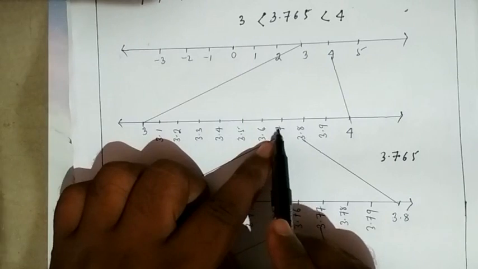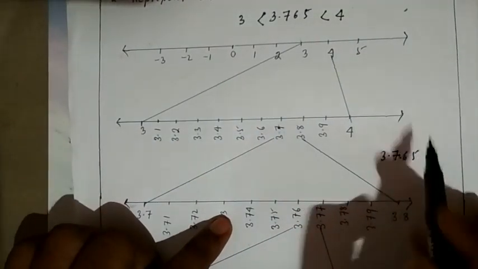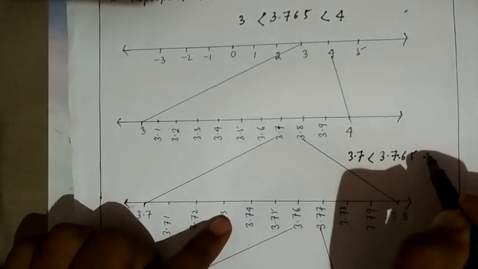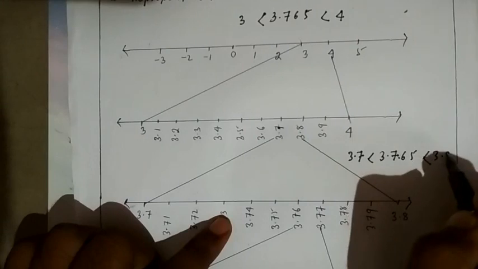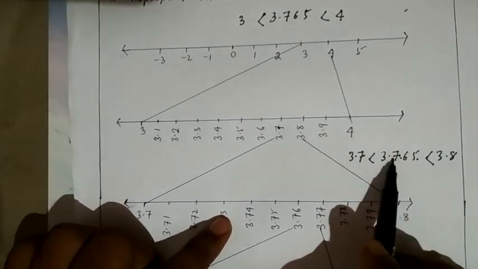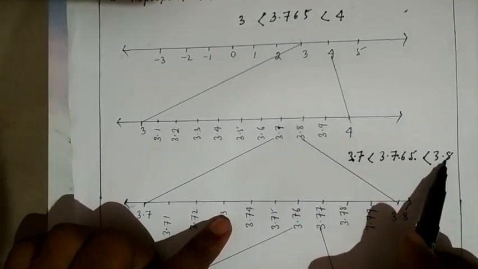So here 3.7, that means 3.765 will be greater than 3.7 and less than 3.8. That means 3.765 will lie in between 3.7 and 3.8.